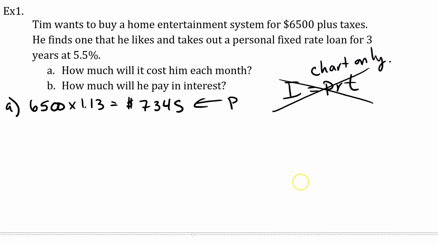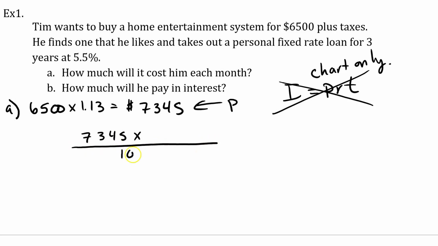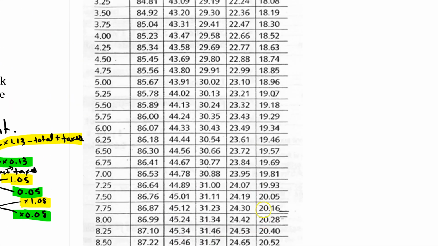Okay. So how much will it cost him each month? We need to put that into the formula. So we need to have that 7,345 times some value that we're going to find in the chart, and we need to divide that by 1,000. So let's make note here, 3 years at 5.5%.